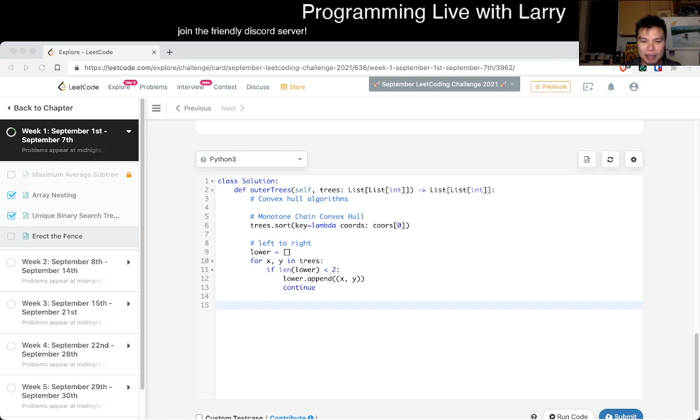And then now basically we have ax, ay is equal to 2 points back. Okay, so we do this while length of lower is greater than or equal to 2. Okay, and then bx, by is equal to lower minus 1, and then xy is just the current, but that's just for my consistency's sake, because it's been a while.